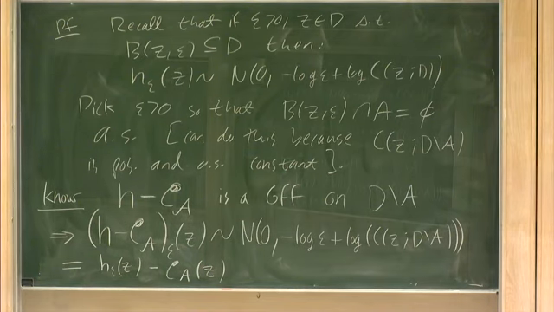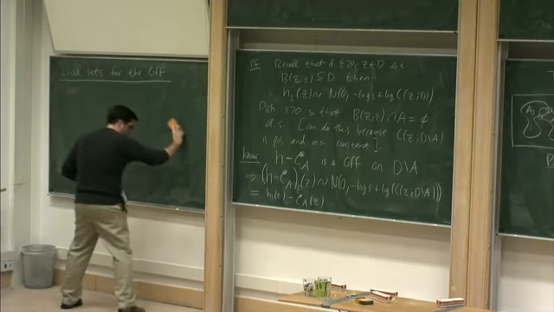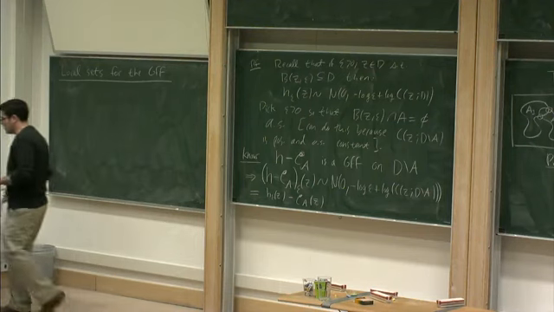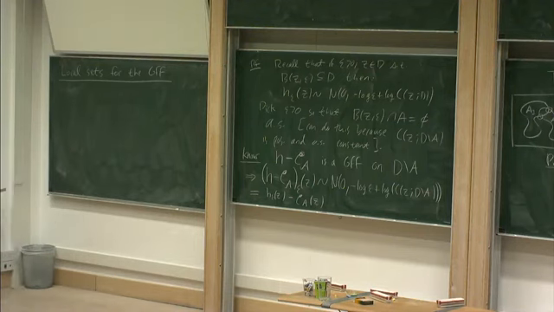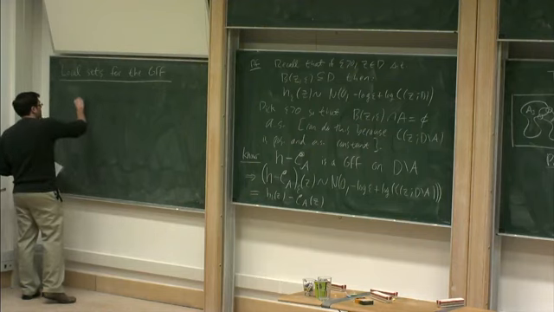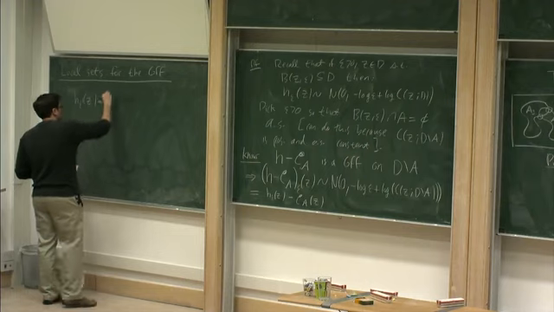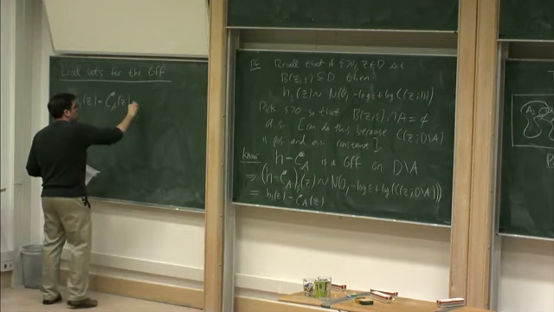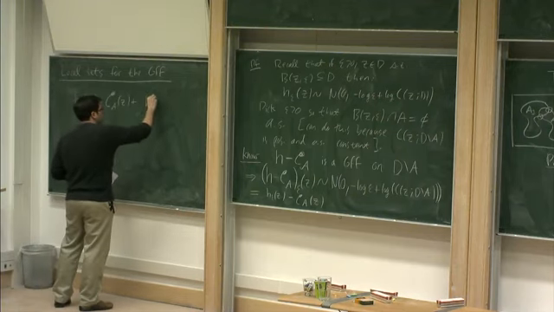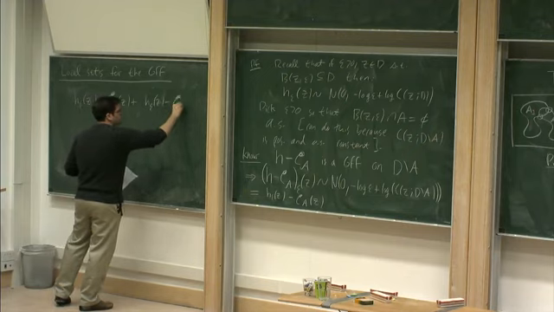But now what I can do is write h_epsilon of z as c_A of z plus h_epsilon of z minus c_A of z.